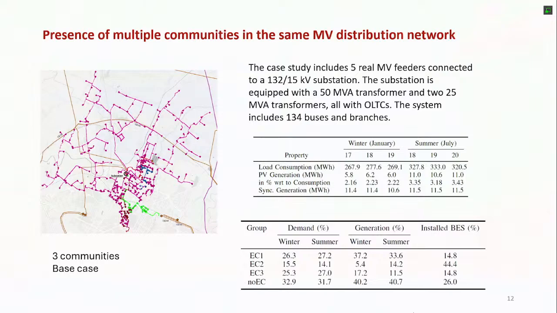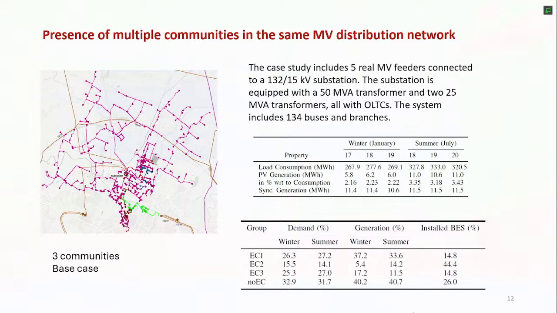In particular, we have considered 3 communities. We have randomly assigned the nodes, the users, to the communities in all the days, in winter and summer, both for demand and generation. You see the share. There is, for example, a community that in winter time, and also in summer but particularly in winter, has a low percentage of the total generation, and there is a community that is larger.